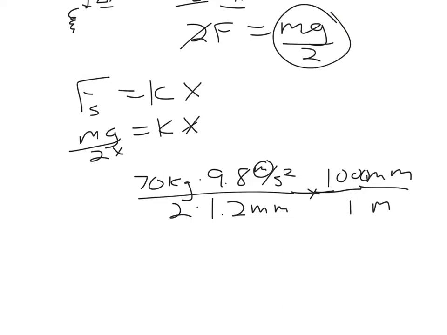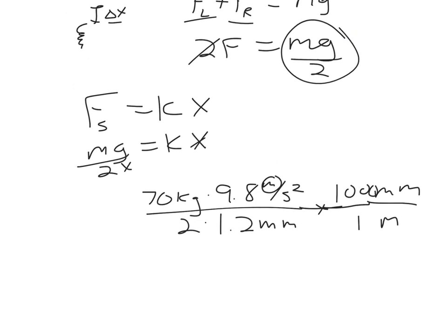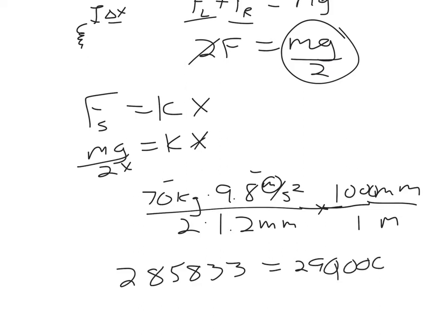Man, that's a big number. Well, I mean, it's supporting a lot of weight, so that's fine. Here's what I get: 285,833. And this is a 2 sig fig problem, so this is equivalent to about 290,000 newtons per meter.